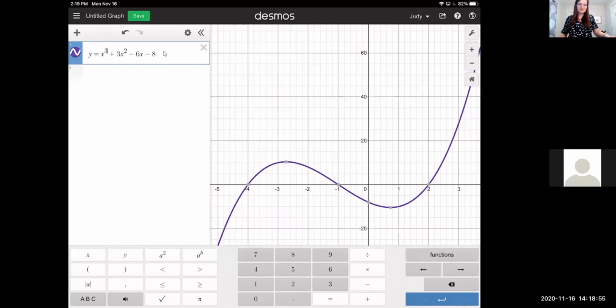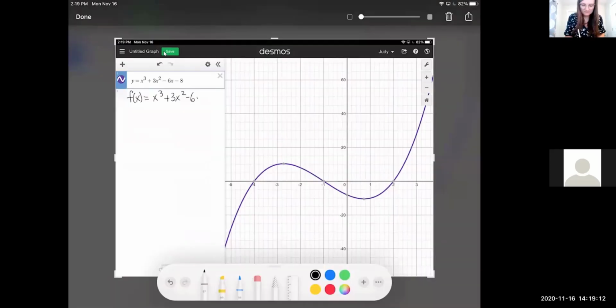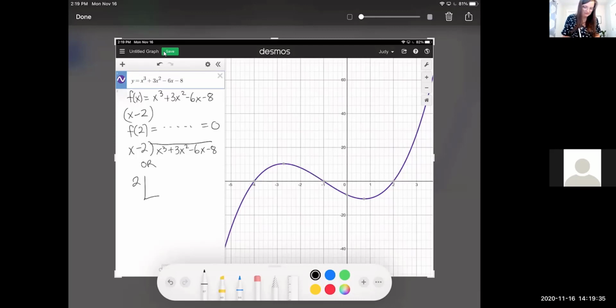So let's say once you have that, and once you know that, say, x minus 2 is a factor, so you've checked f of 2, you do it and you get 0, and you're like, yay, I know that's a factor. Then you can either divide by the x minus 2 with long division, which I won't do here, or you could use the 2 in a synthetic division.